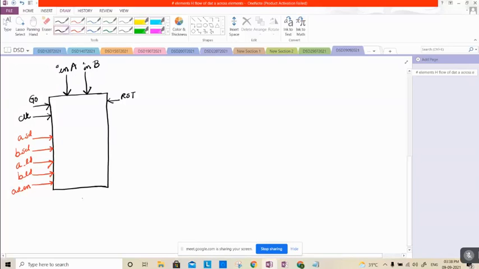From this we get the output of GCD, and also a signal end of computation, or done. This is called the data path subsystem.